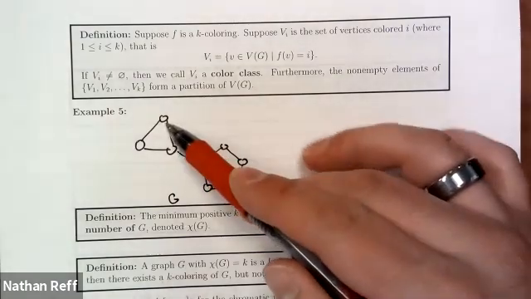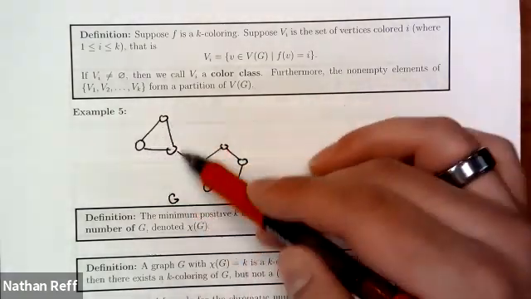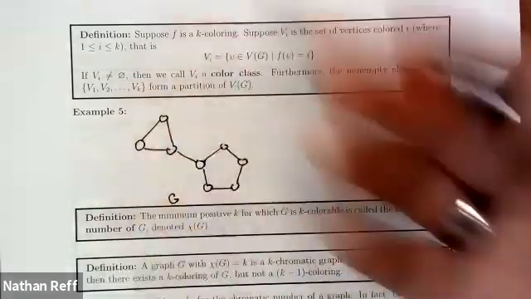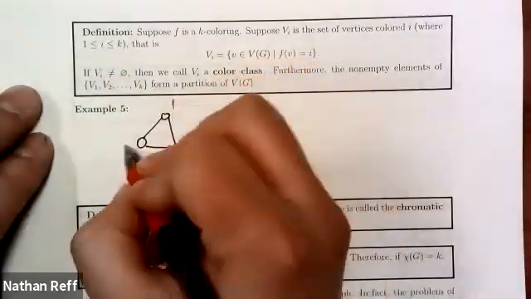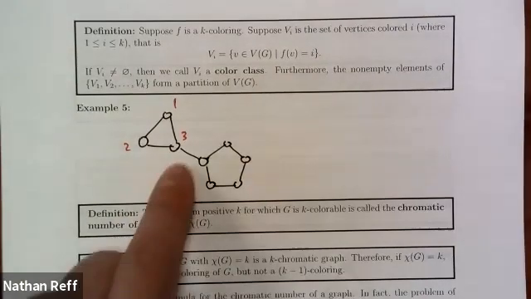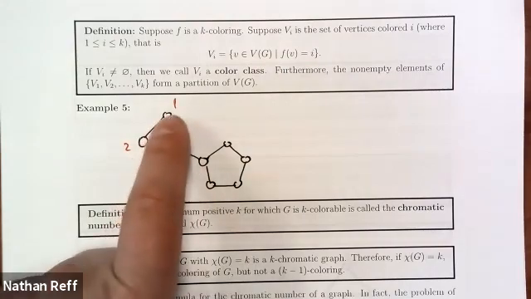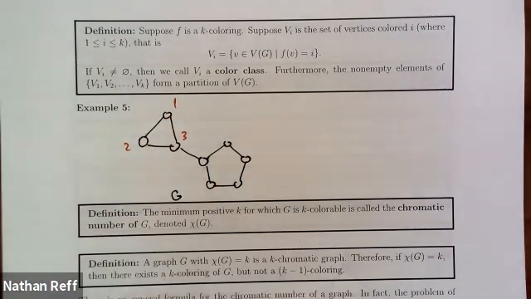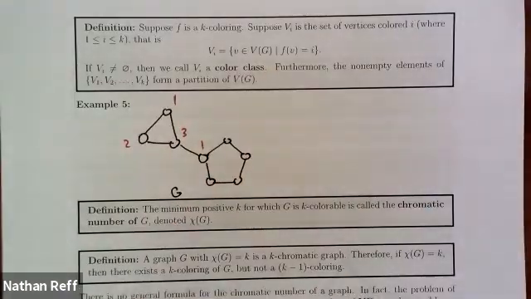Up here, notice within this graph I have a subgraph that's a K3, so I certainly am going to need 3 colors there, right? So 1, 2, 3. But now this vertex over here is not adjacent to the ones that are colored 1 and 2, so I could reuse either of those previous ones. Let's choose the smallest one that's available, which is the 1.